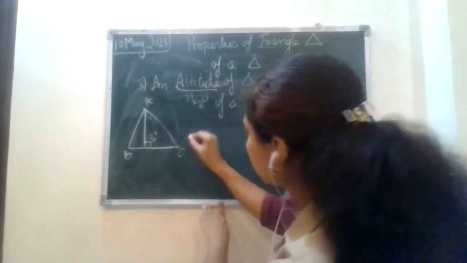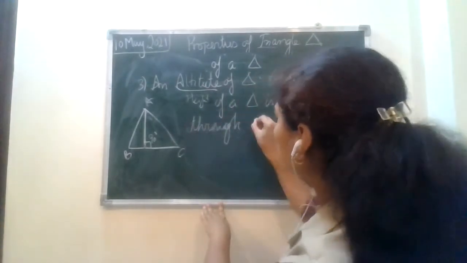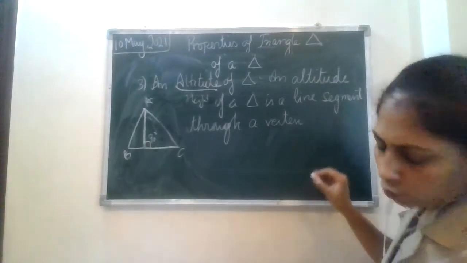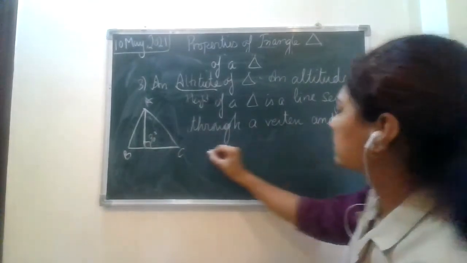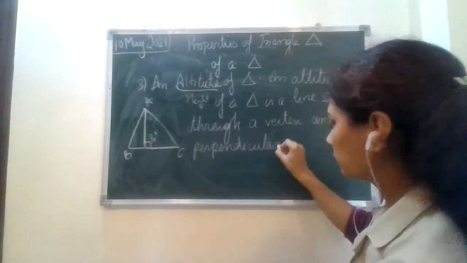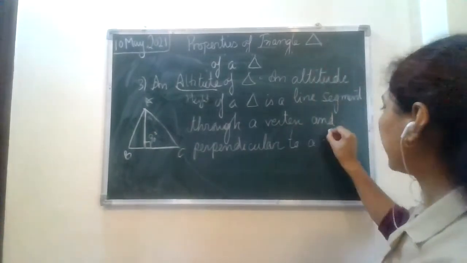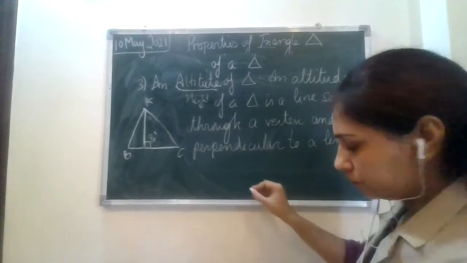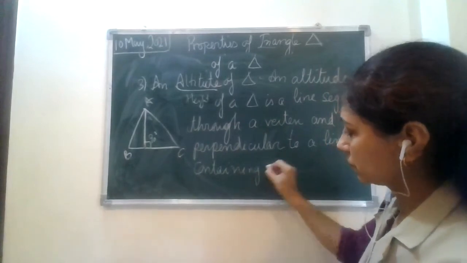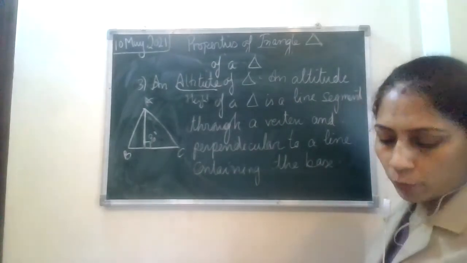A line segment through a vertex and perpendicular to a line containing the base, or the side opposite to the vertex.